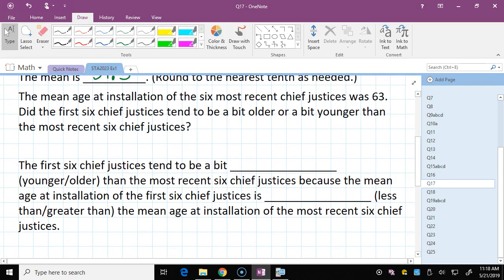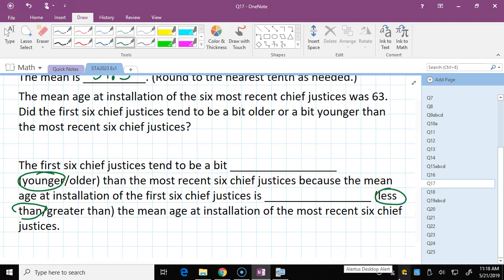Because the mean is lower than the other guys. So that answers the second part right there, because the mean of the first 6 was less than the mean of the most recent. Make sense? Okay.